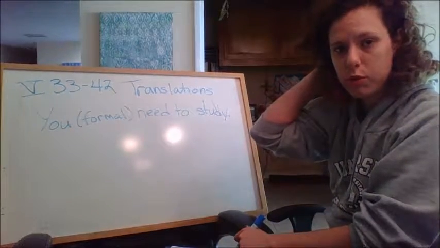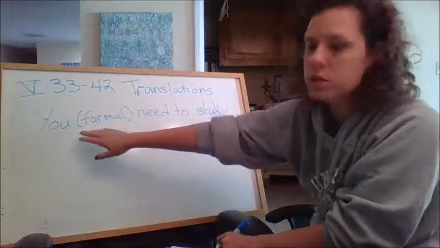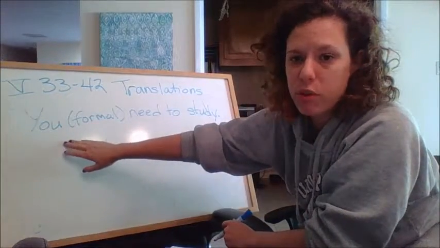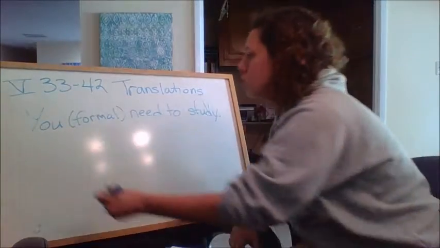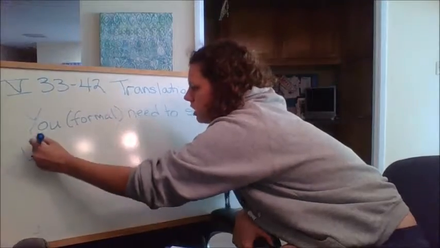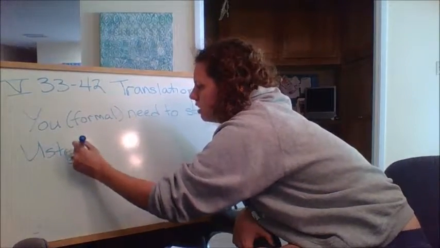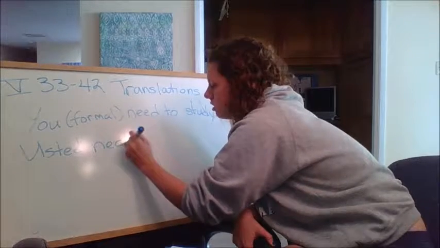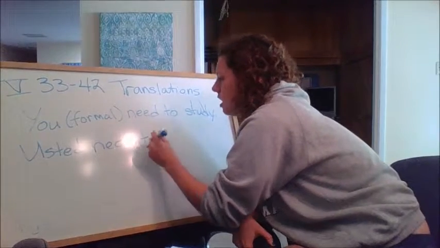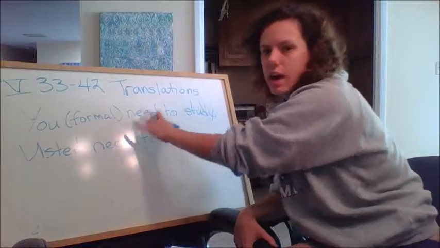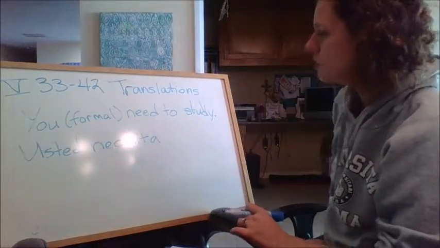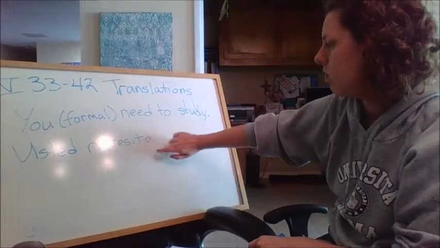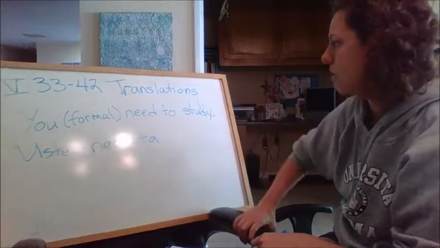There's informal and formal. Formal is usted. Informal is tú. This is formal, so we want to say usted. For need, we say necesita, because the verb is necesitar. To conjugate it for usted, we take off the AR and then put our new ending, which is A.